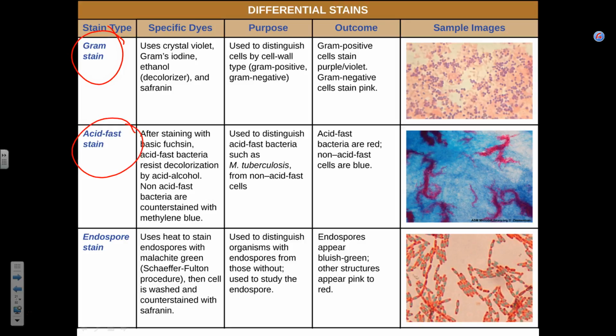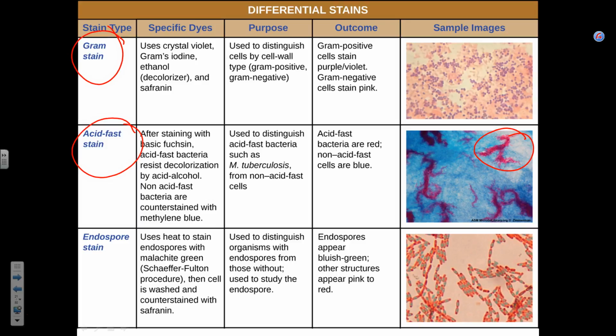Acid-fast stains are used to stain microbes which have so-called mycolic acid in the cell wall. It's Mycobacteria, that's why they're called Mycobacteria. You can see staining of Mycobacterium tuberculosis here.